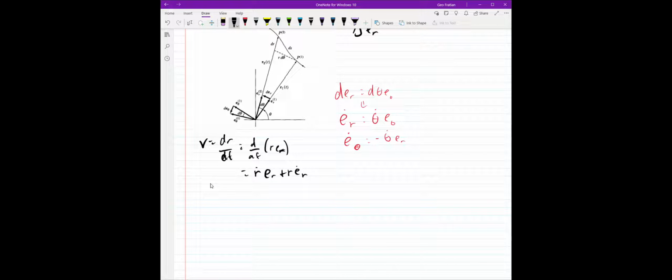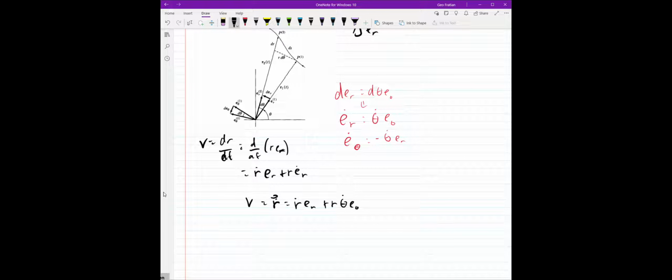Or v is equal to r vector dot, and this notation gets confusing because it's hard to write, so let me draw it this way. So r vector dot is equal to r dot, the length basically, plus r theta dot e_theta, where the only vector is right here.